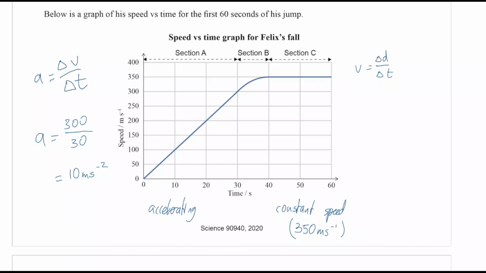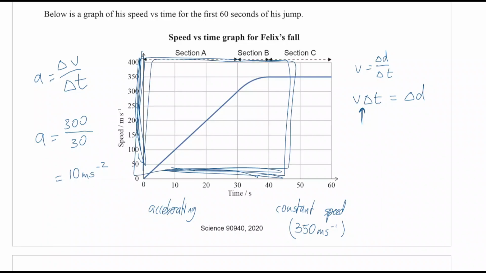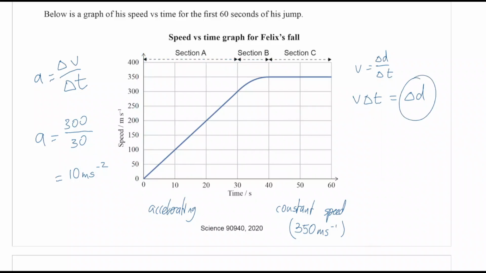To get the distance, we actually use the speed distance time formula. If we just rearrange for distance, we get speed times time equals distance. And see, we're multiplying here. So speed times time will give us an area under a curve. So from a speed time graph, we can get distance by getting the area underneath the graph.